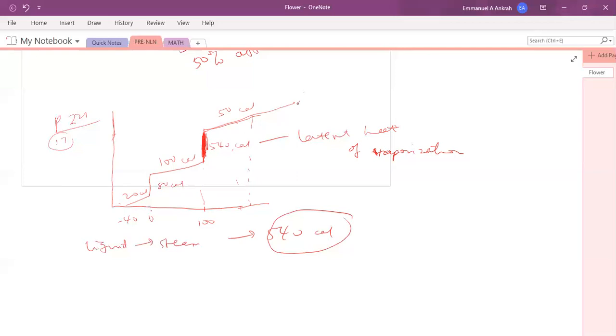Let's look at page 227, number 51 first.